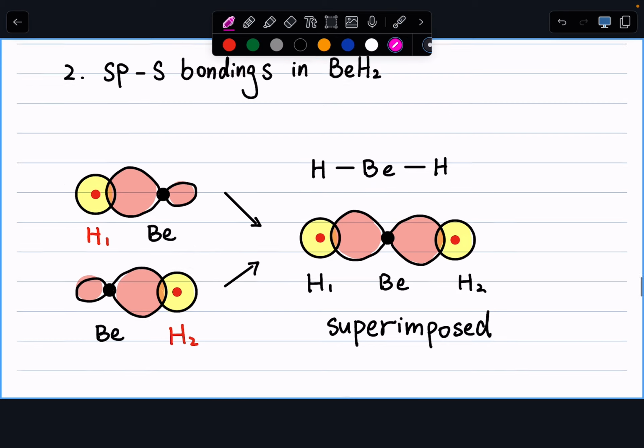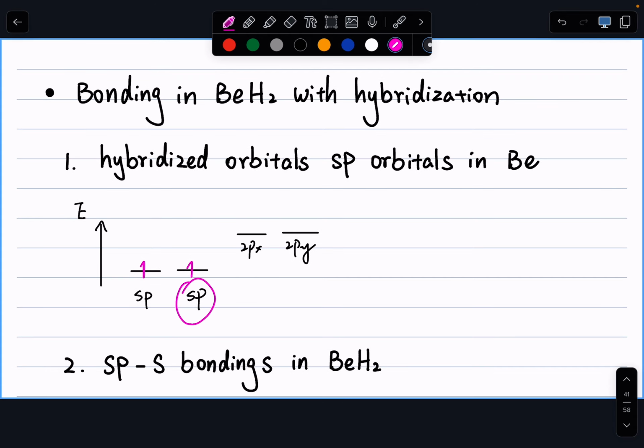We will also refer to this sp hybridization by the percentage of s character. So this one will be 50% s character, because it's mixing one s atomic orbital with one p atomic orbital. So naturally, 50%.